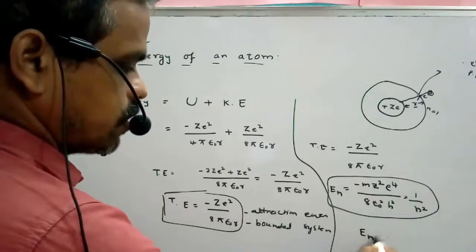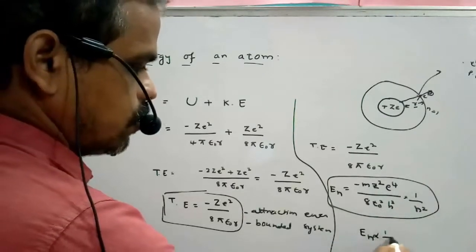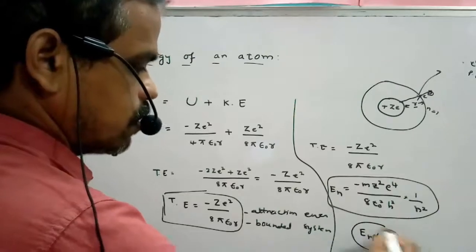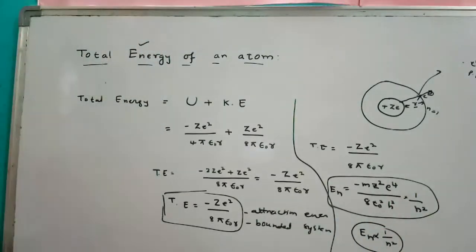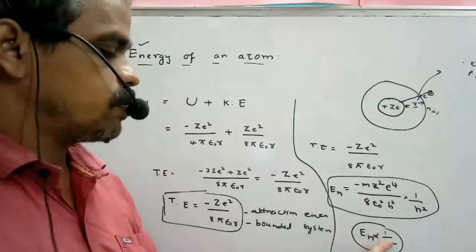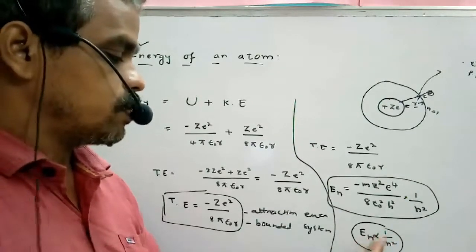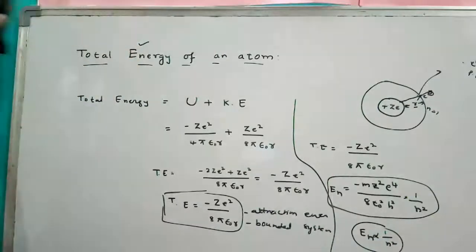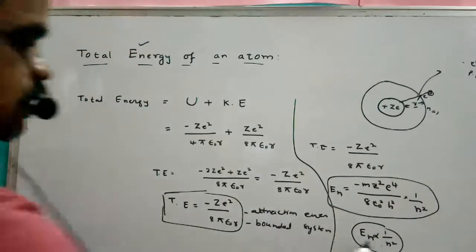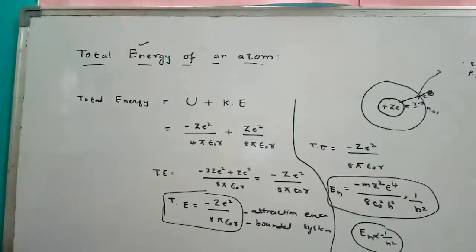Here we got one relation: E_n is proportional to 1 by n square. So nth orbit energy is proportional to 1 by n square, and the negative sign is also there.